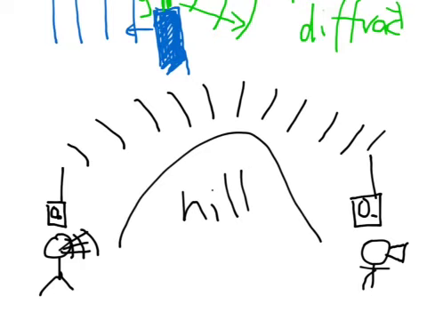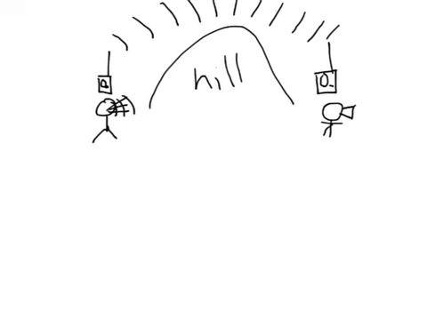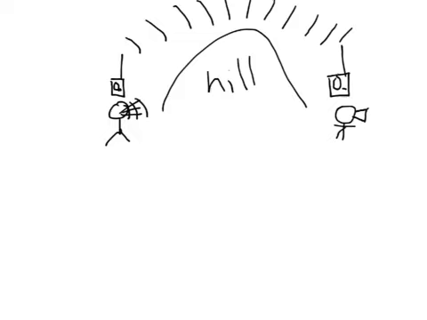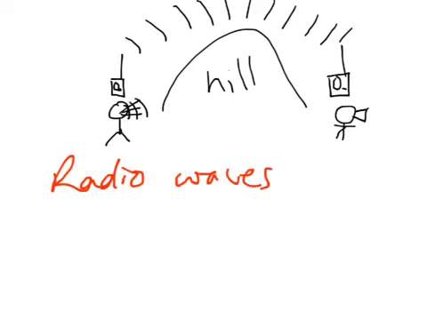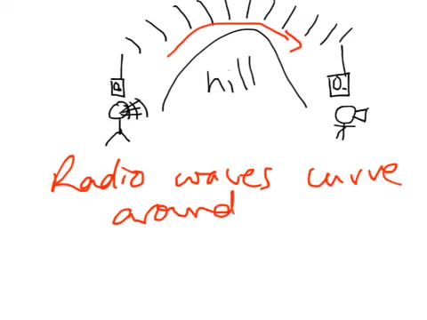Now, you might think, what does this have to do with anything? But what we find is with the radio waves, they somehow bend around the hill, so they curve around the hill or over the hill.